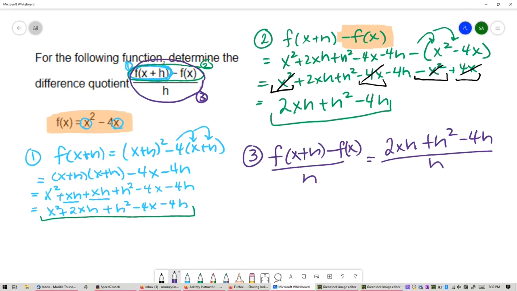And you'll notice here that all of the terms in the numerator have an h in them. So I'm going to be able to factor out an h, be left with 2x plus h minus 4 over h, and those h's in the numerator and denominator cancel, and you're left with 2x plus h minus 4. And so we have a difference quotient of 2x plus h minus 4.